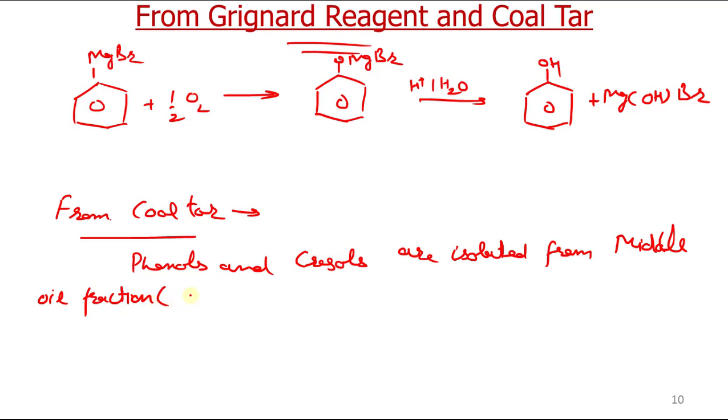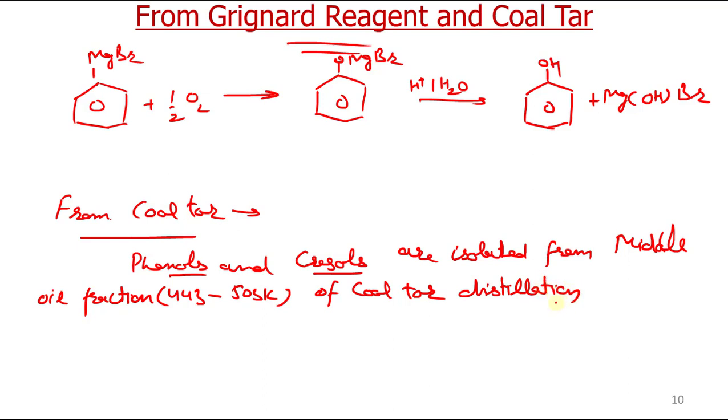The temperature range is 443 to 503 Kelvin. It is called the middle oil fraction of coal tar, and we get phenols and cresols. So when we distill coal tar, then at this temperature range, which is called the middle oil fraction, these phenols and cresols are isolated.